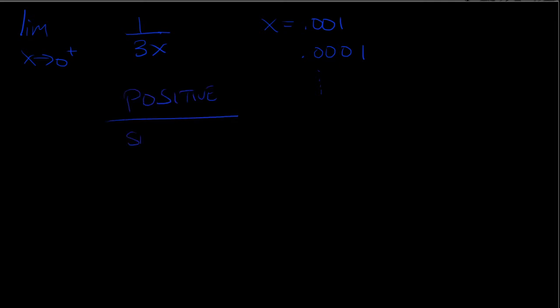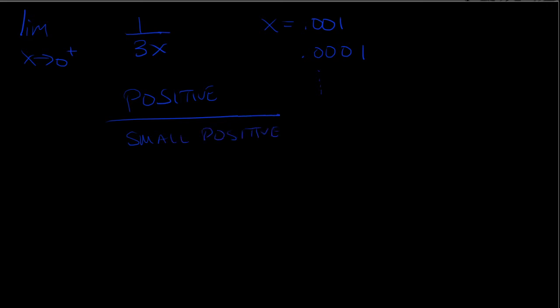Let's begin. We have the limit as x approaches 0 from the right of 1 over 3x. So the idea here is if I pick x to be a very small positive number, like 0.001 or 0.0001, etc., I get a positive number over a small positive number.